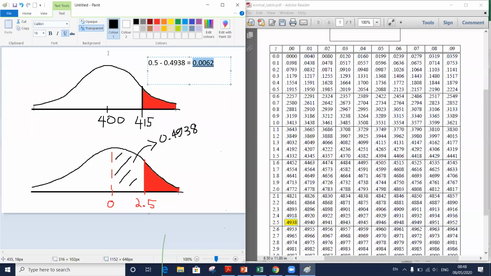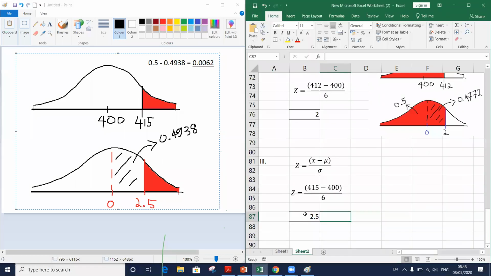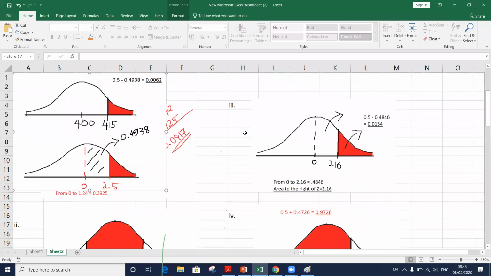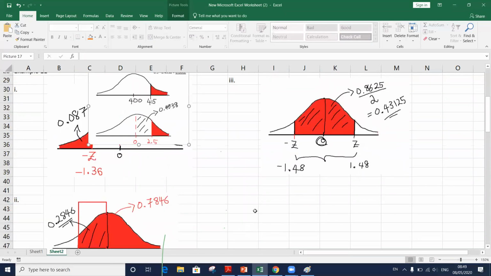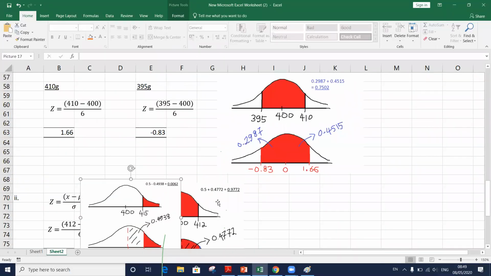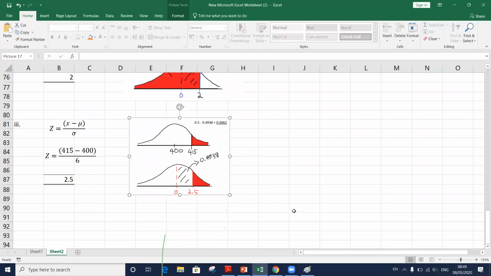This should be the answer for part 3. Part 3 answer, 0.0062.